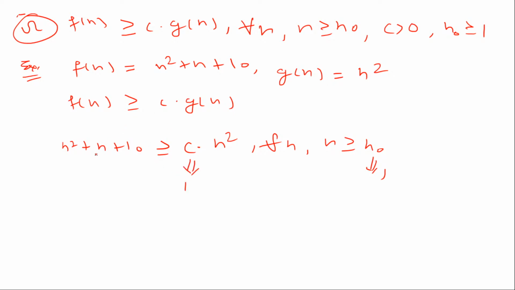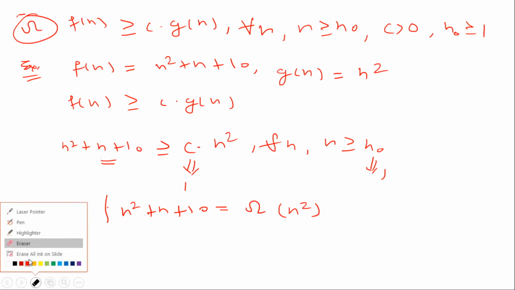You can calculate: 1 plus 1 plus 10 is 12, which is greater. Hence it is omega notation. n squared + n + 10 is omega of n squared, so it follows the omega condition.